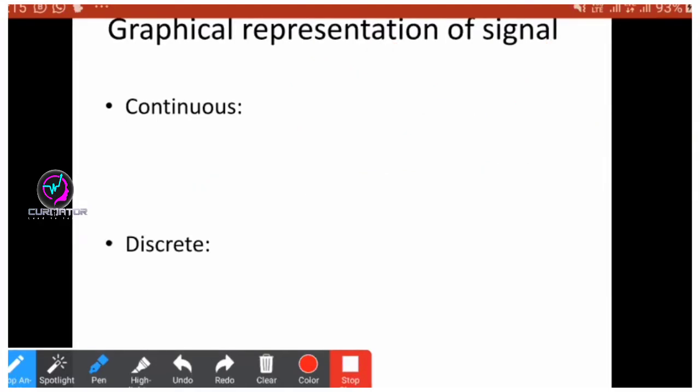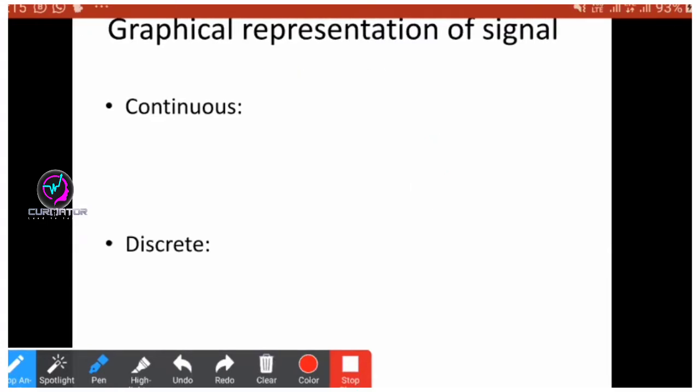A discrete time signal can be represented as x of n, as I mentioned in the previous video. This x of n can be any function of n, like in a continuous time signal: n or n plus 1 or n square, anything it may be.